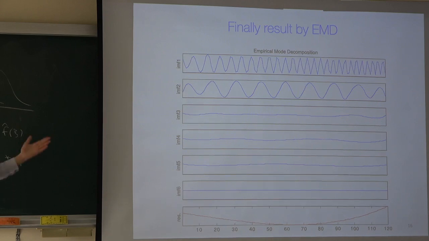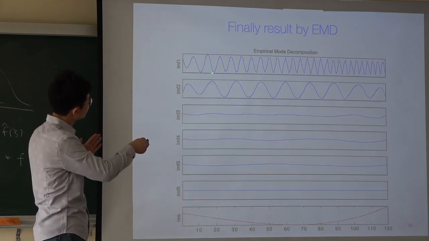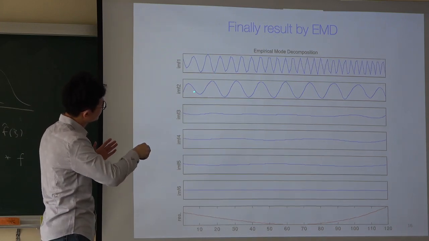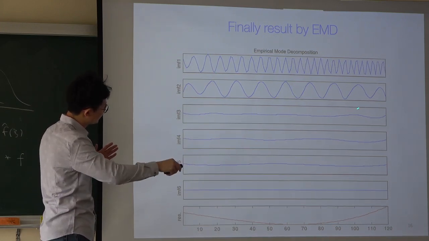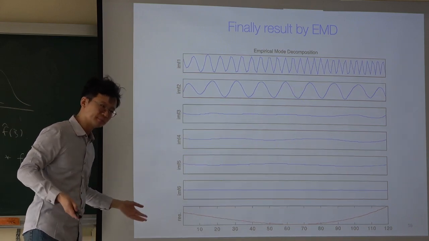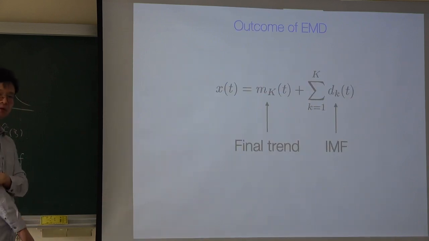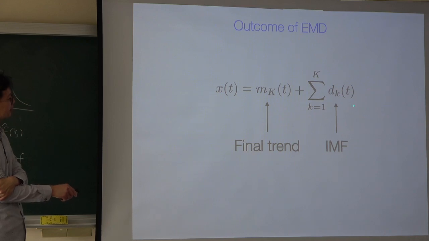So this is the EMD decomposition, which to some extent you may say, oh, looks nice, right? You get a chirp, you get a tone, and there are some small residuals. Good. Yes, it works in this case. So in the end, what you get is X as a finite number of IMFs and the trend.